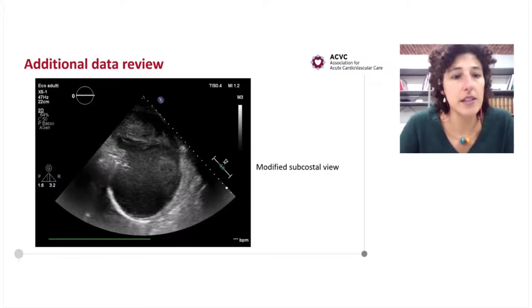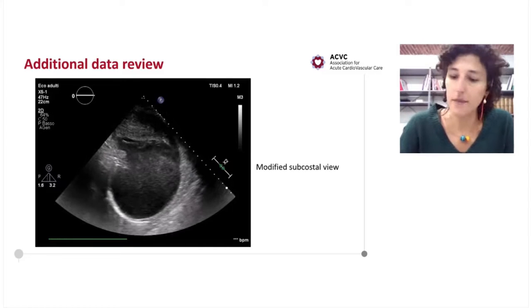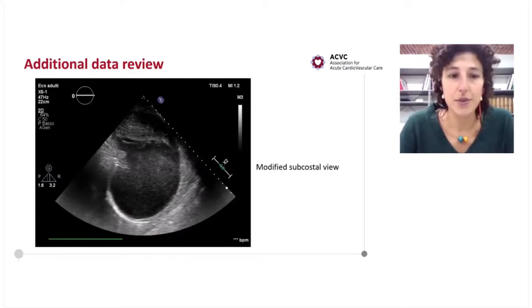And we returned to the point-of-care ultrasonography. In this case, we were in a slightly modified subcostal view, pointed at the gastric level. And we found this image, which was not so easy to interpret at that point.